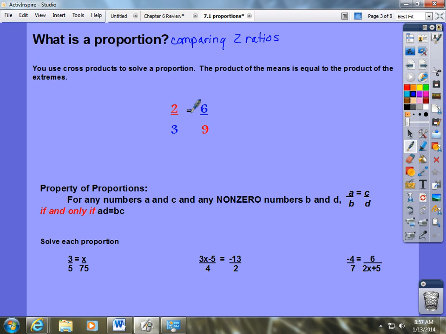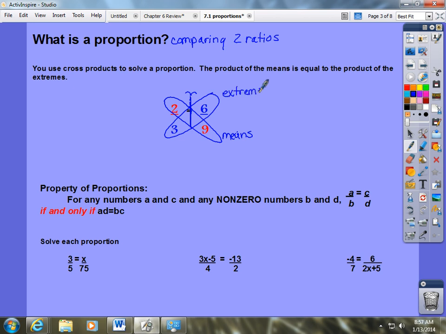I'm going to multiply the top of one times the bottom of the other, and then vice versa. In middle school, I always draw the butterfly thing. These two numbers right here in red are called the means, and these two numbers in blue are called the extremes.